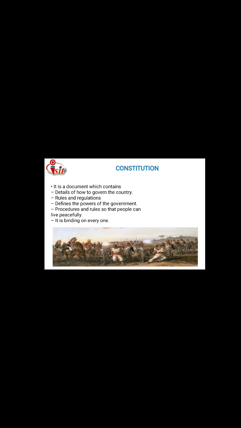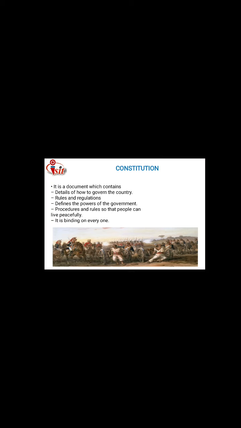Next one, it is a document which contains the details of how to govern the country. Means in our constitution there are the details of how to govern the country, what the rules and regulations are, and it defines the powers of the governments.